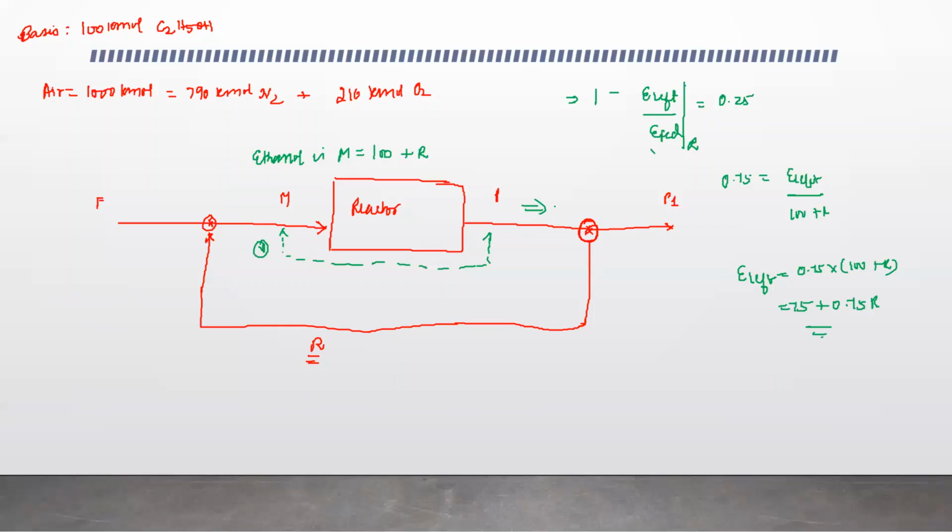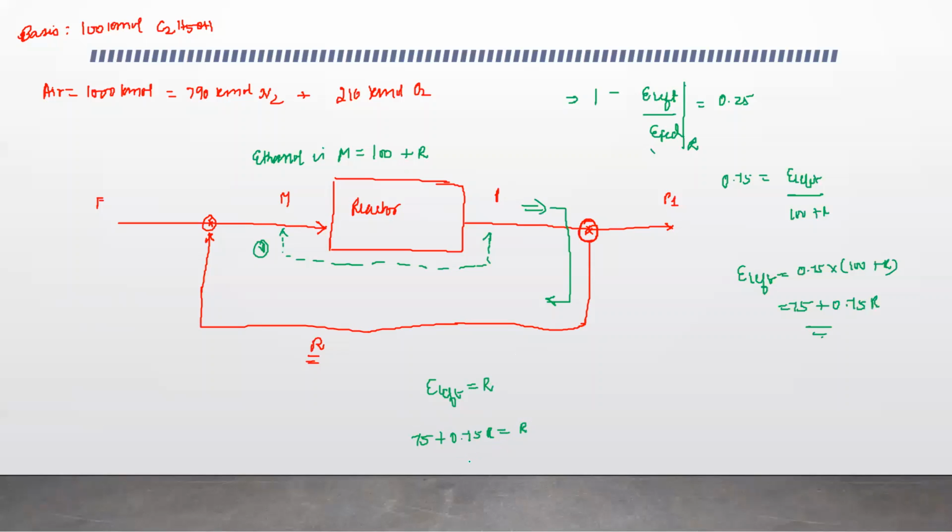All of this ethanol is going into the recycle stream, so this E left is nothing but R, since all the unreacted ethanol has come back into the recycle stream. So using this, we'll have 75 plus 0.75 R is equal to R.